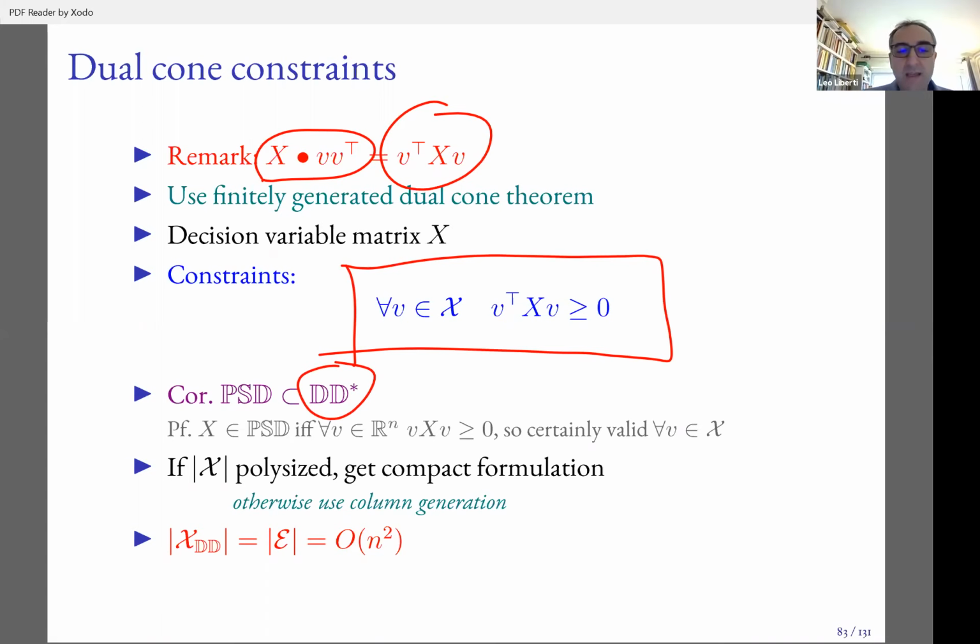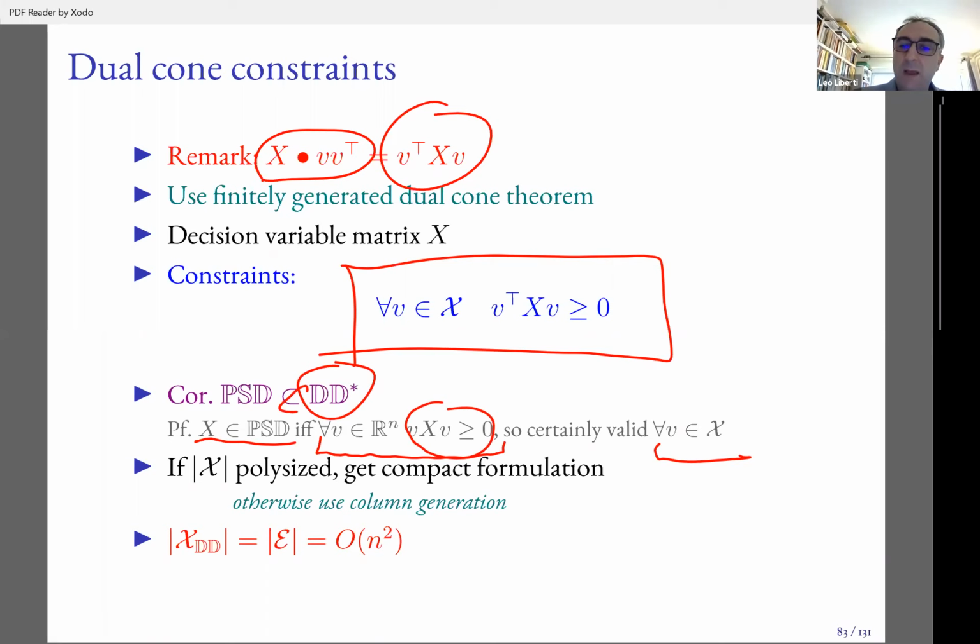If X is a PSD matrix, then by definition for every V in Rn, V transpose X V is greater than or equal to 0. So certainly, if it is true for all V in Rn, it must be valid for the V's in the finite generating set of DD star. So this shows us that PSD is a subset of DD star.